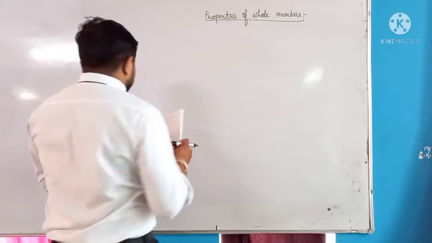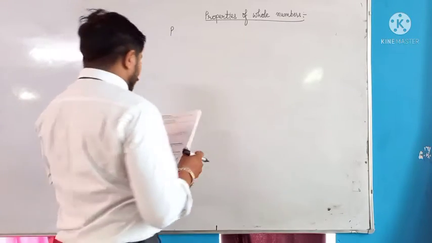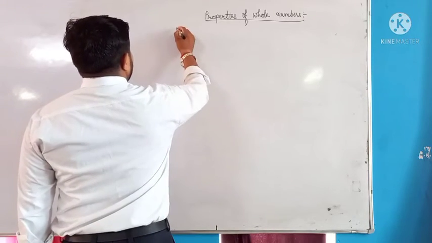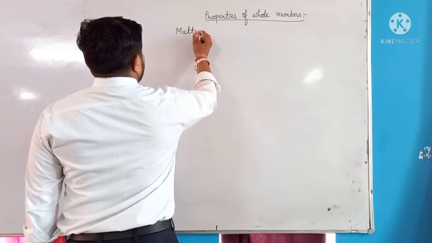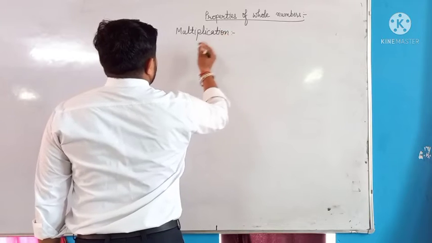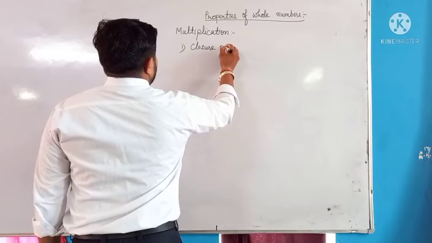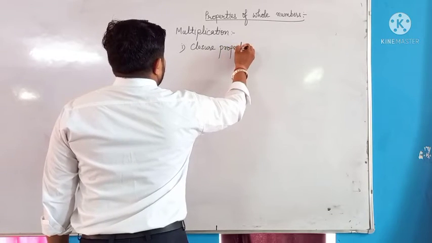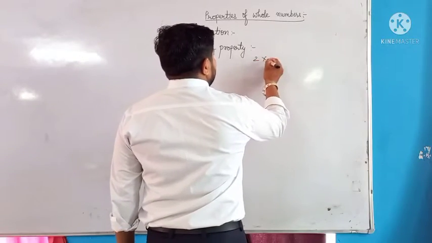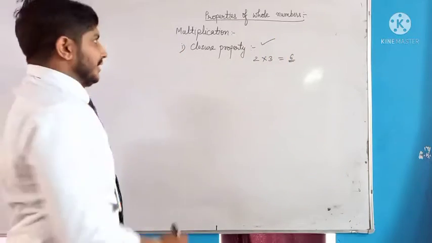Next, beta, properties of multiplication. Properties under the operation multiplication, beta. First, same, closure property. If we multiply any two whole numbers, beta, like 2 and 3, the answer is 6, and it is also a whole number, so this property is satisfied.